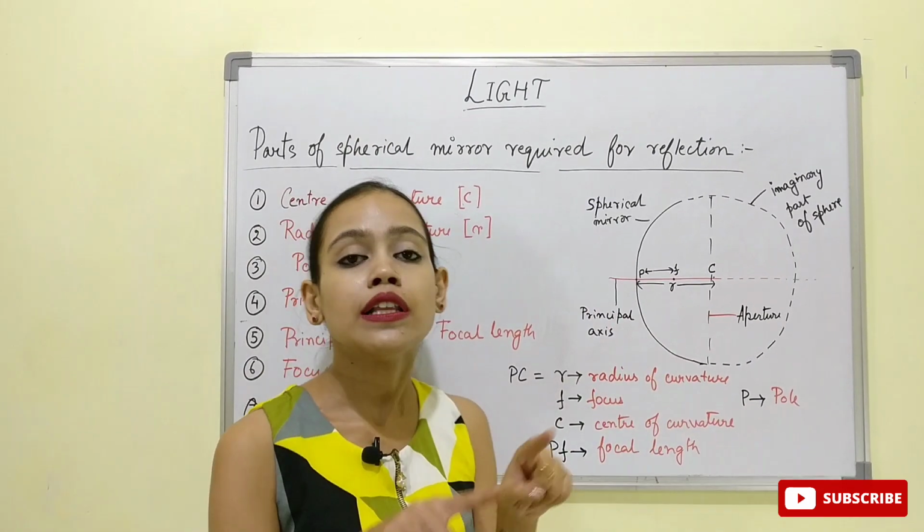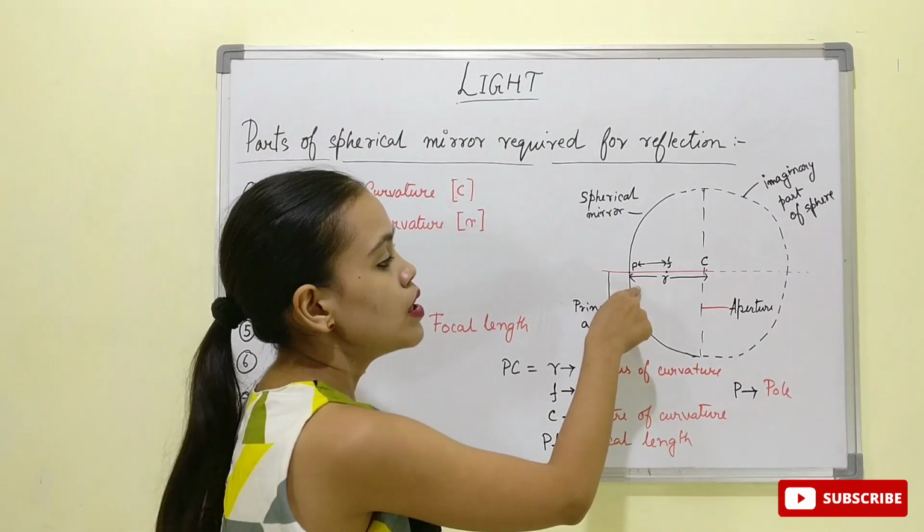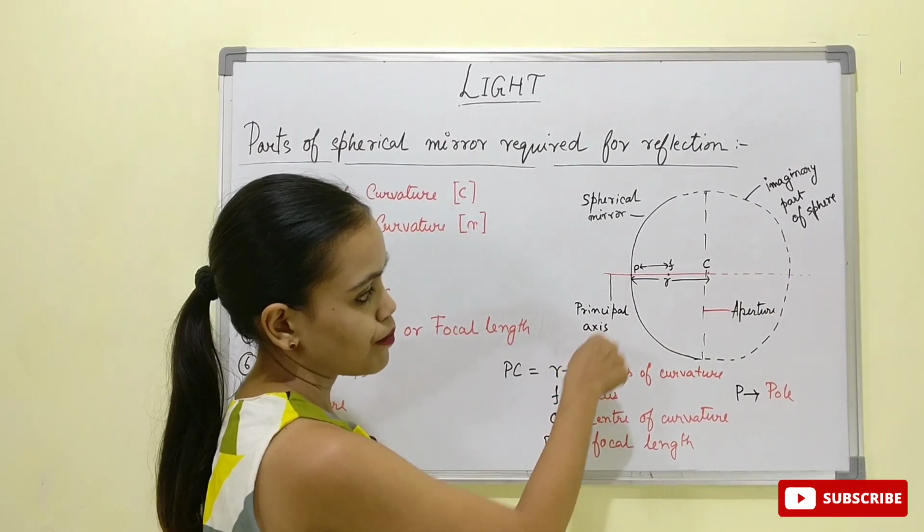This is also the diameter of the entire sphere. You can take it that way. So this is the principal axis.